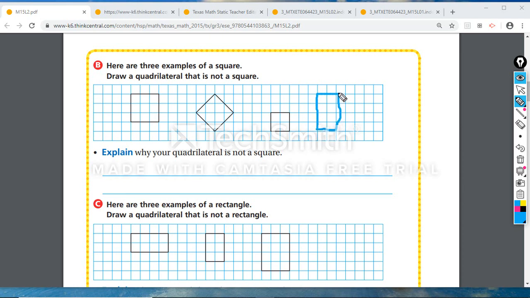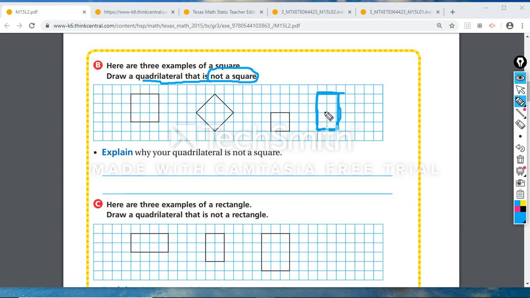Okay? So this is a quadrilateral that is not a square. It is not a square because, and again, yours are straighter, it does not have four sides of equal length. It only has two pairs of opposite sides that are equal length.